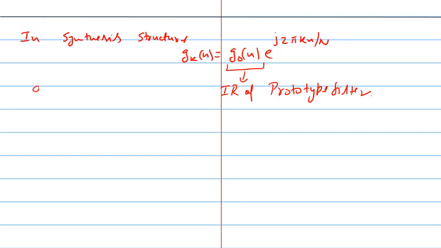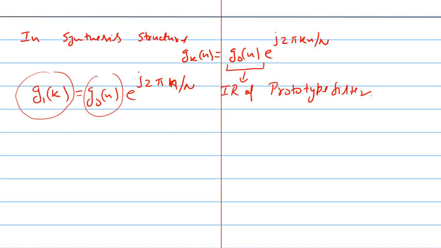Let me write down for one. g1n is equal to g naught n exponential of j 2 pi n by N, so k is 1 in this case. Just doing a multiplication with the complex exponential, so the spectrum of this is a shifted version of this one. This thing we have seen in the beginning also.